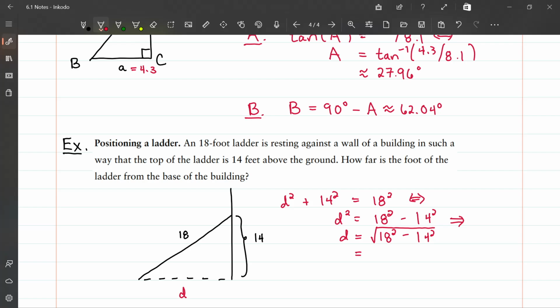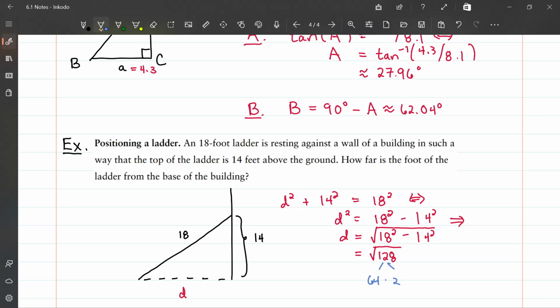Based on what I'm seeing here, the exact answer should be the square root of 128. But actually, I can simplify that a little bit. I know I said we don't want to approximate, but we always want to simplify. It makes our life easier. I know that 128 is the same thing as 64 times 2.